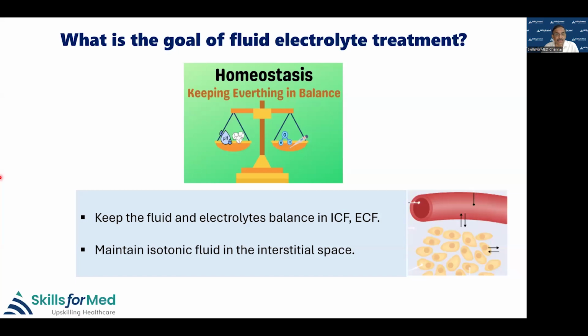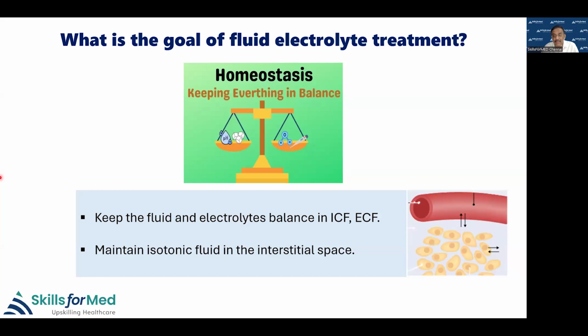And the ultimate goal of fluid electrolyte treatment is maintaining homeostasis. You have to keep everything in balance, the acid-base status, the electrolyte status, the fluid status, everything. So basically, you keep the fluid electrolyte balance in both the intracellular and extracellular compartment. And very, very important is to maintain that isotonic state in the interstitial fluid.